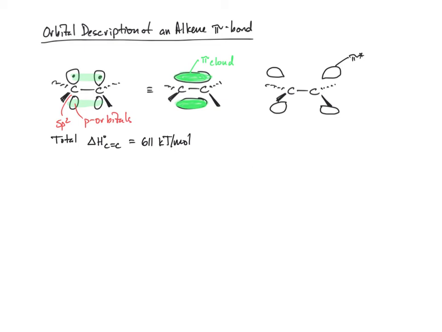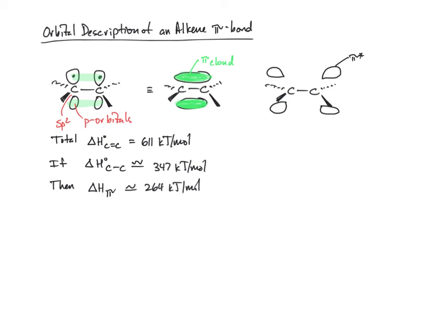If we know that a typical carbon-carbon sigma bond is approximately equal to 347 kilojoules per mole, then the contribution of the pi bond itself is approximately equal to 264 kilojoules per mole.